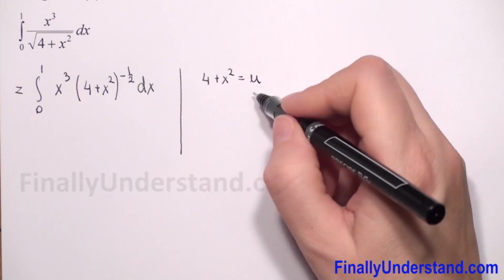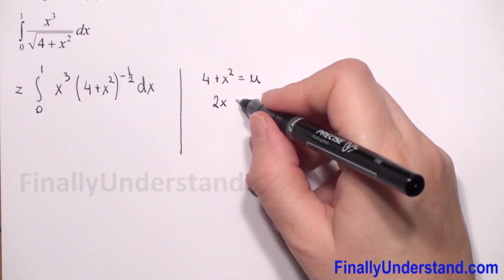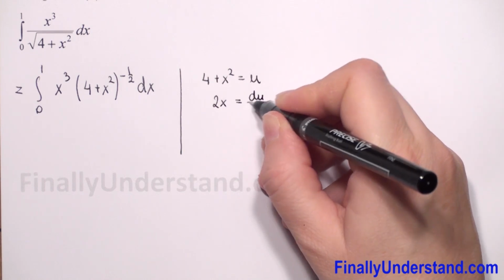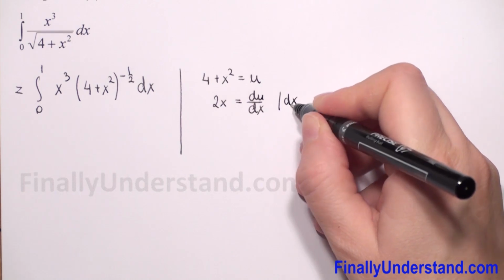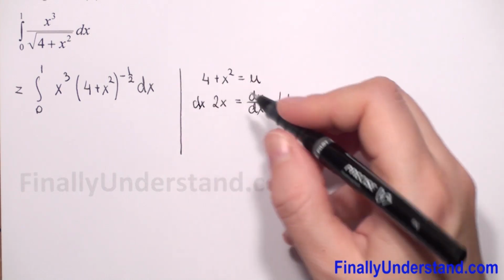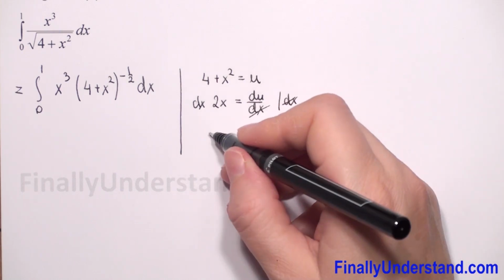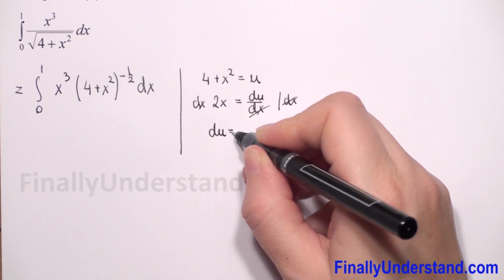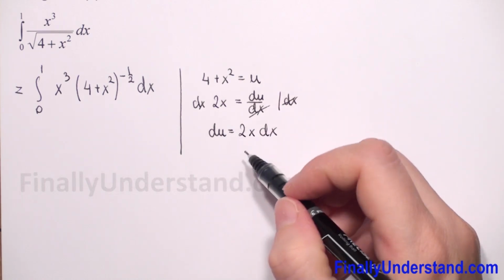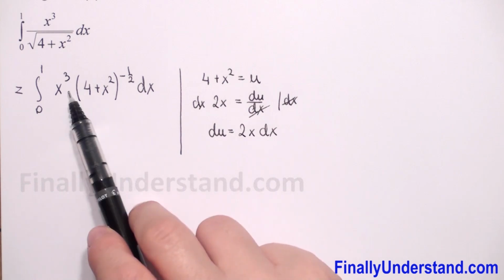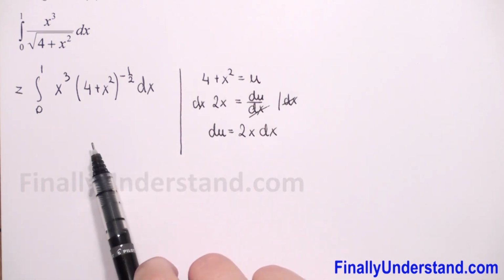Now we have to take the derivative of both sides of our equation, so we have 2x dx is equal to du. Now we will multiply both sides of our equation by dx because we need to find du when we do u substitution. So now we have du is equal to 2x dx. I just changed the sides, but here we don't have 2. We have x cubed only dx.